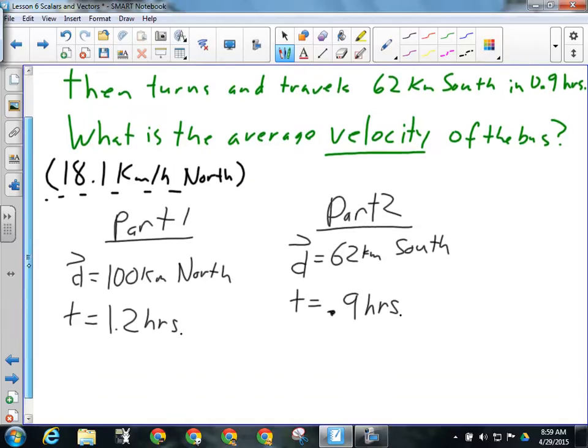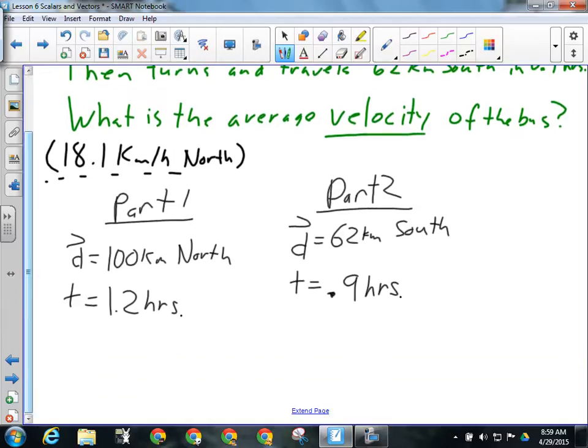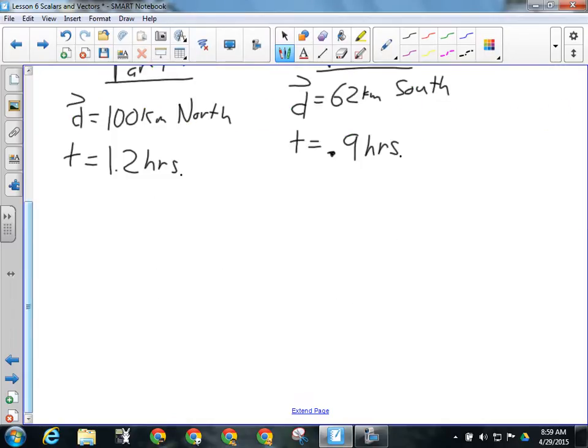All right. Can I find the total displacement for this question? Sure I can. Okay. I went 100 kilometers north, and then I went 62 kilometers south. How far from my starting point do I end up? 38 kilometers north. Okay. Right? Here's how we figured that out. If you're a visual person, you might want to draw it out.